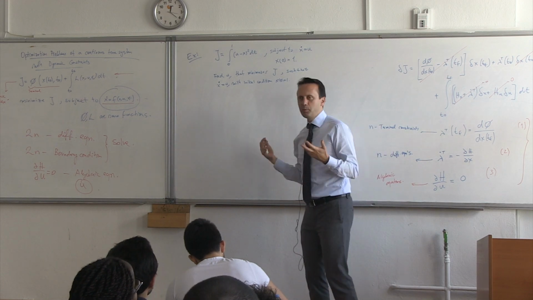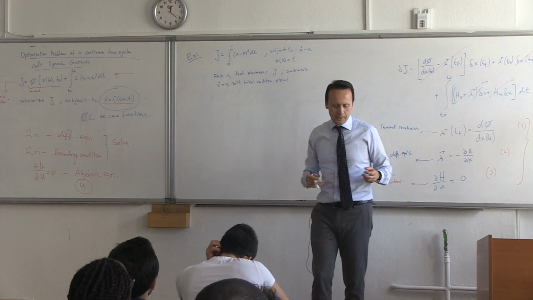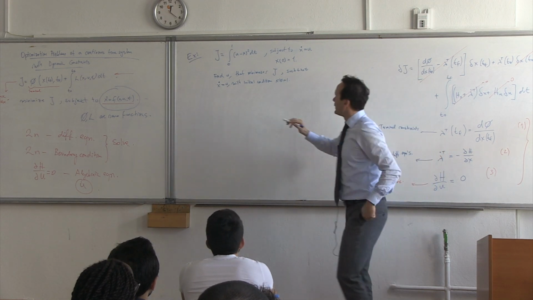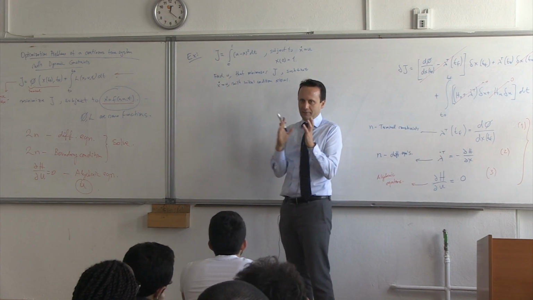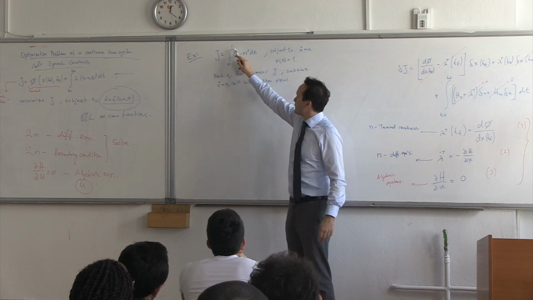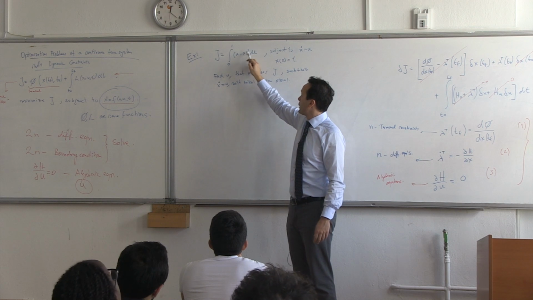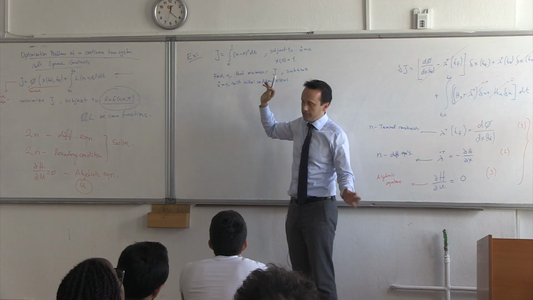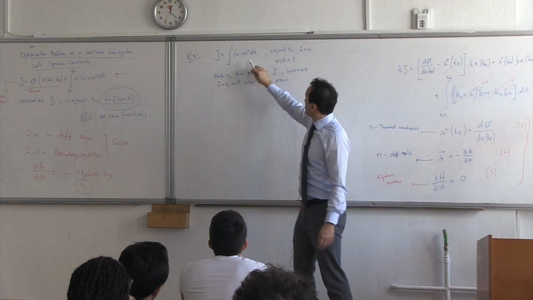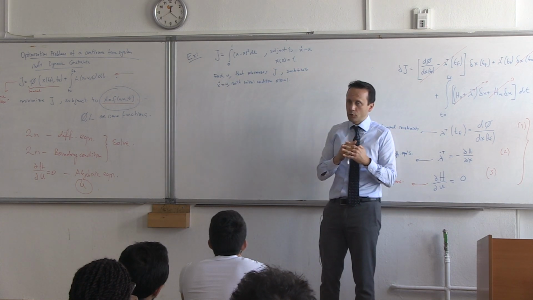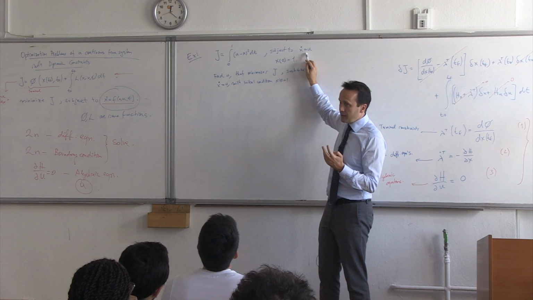So do you understand the problem? I mean, don't look at this as if it was some strange hocus pocus. There's a function called J. The J function is an integral from 0 to 1 of (u minus x) squared dt. However, x and u are connected. They are not independent from each other. In fact, the connection is x dot is equal to u.